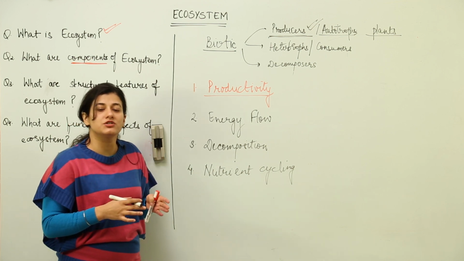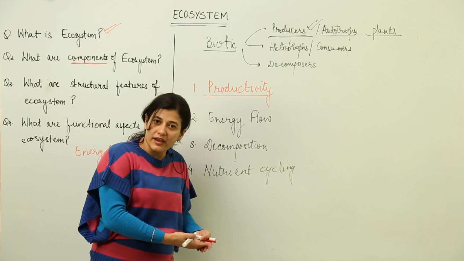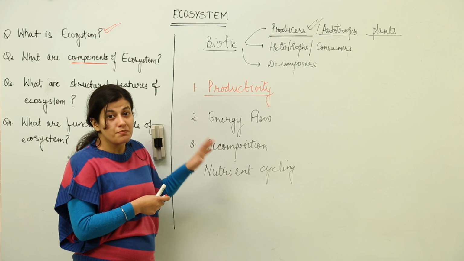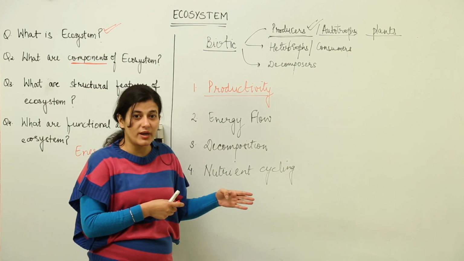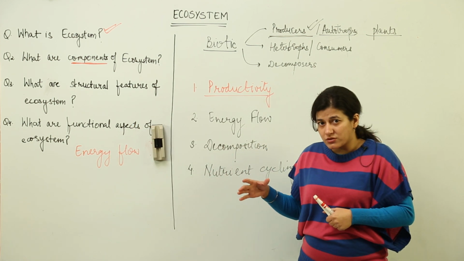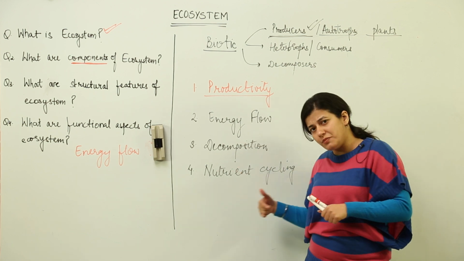Whatever nutrients are present on earth have to be recycled so that they are available for the next biotic components, and they would form the abiotic component of the ecosystem. Because I used the term in the beginning, it is self-sustaining. Nobody comes and provides nutrients or other things to the ecosystem, or biotic factors. Whatever they have, those nutrients would be recycled.